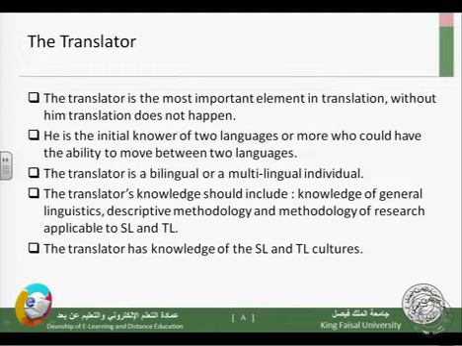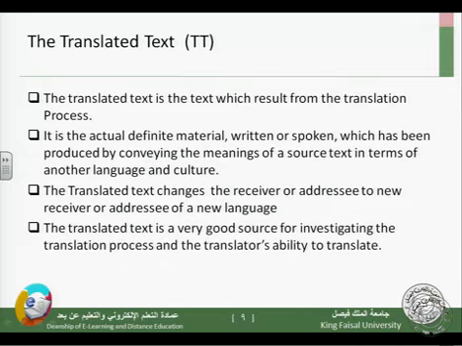Okay, so we have now element number 1, the source language. Element number 2, the source text. Element number 3, the translator. Element number 4 is the translated text, the TT, the product.